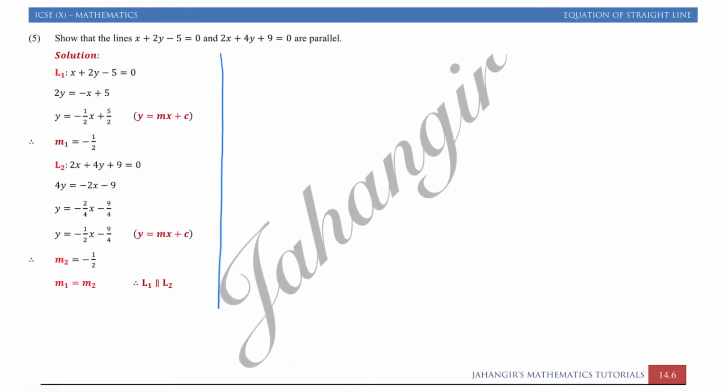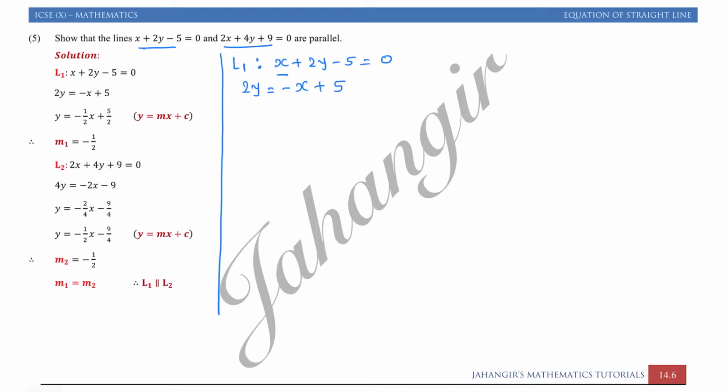Question number 5. You have to show that this line and this line are parallel. So we will consider the first line as L1. Let us write this as x + 2y - 5 = 0. Find the slope using the equation. To find the slope using the equation, we make y the subject of the formula. So 2y is equal to -x + 5.